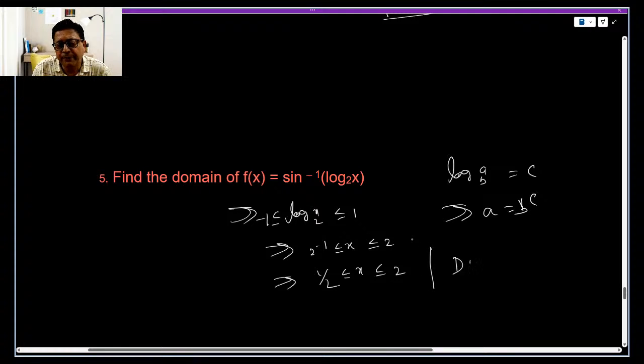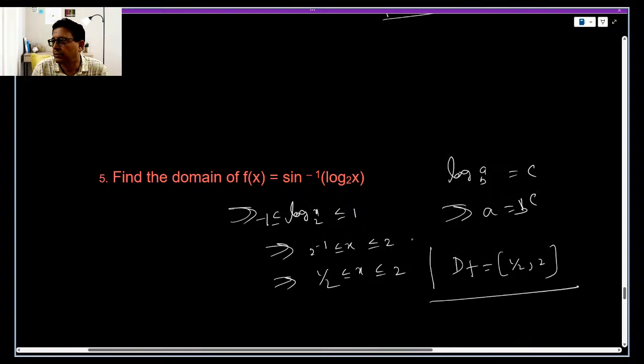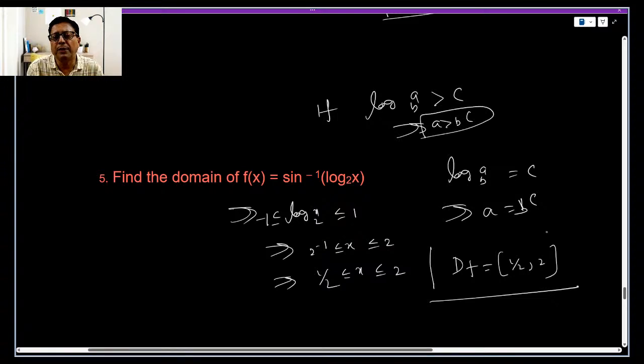So dom f will be half to 2. Okay? Clear? Log property we should remember. Another thing I'd like to say, if log a base b is greater than c, this implies a is greater than b to the power c. Clear?